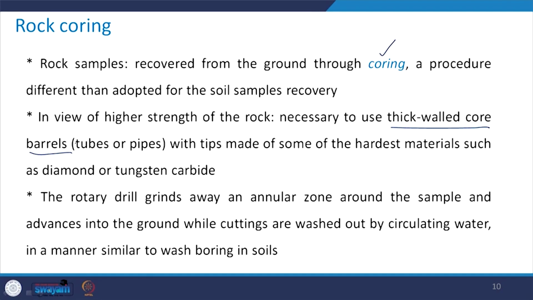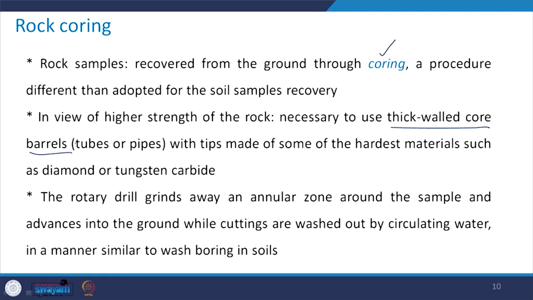So, you see that we need to use diamond drill bits in order to retrieve the cores from the ground. What is done in this case is a rotary drill grinds away an annular zone around the sample and it advances into the ground, while the cuttings produced in this process are washed out by circulating water, exactly on similar lines as you do in case of wash boring in soils.